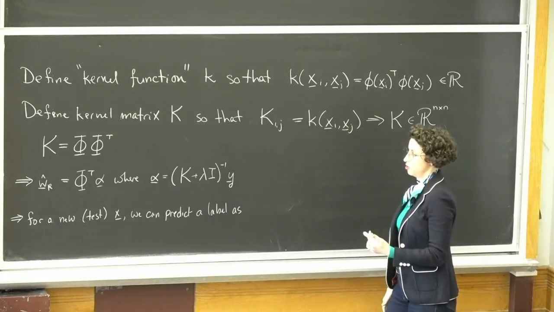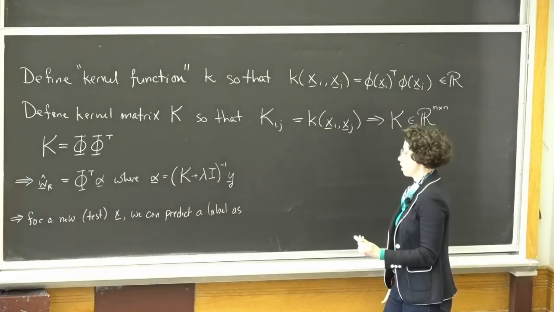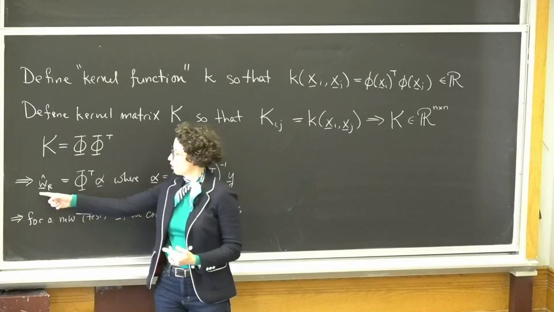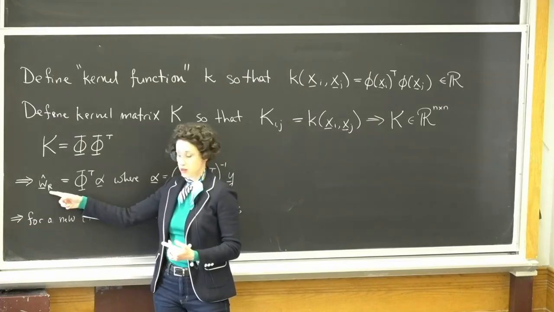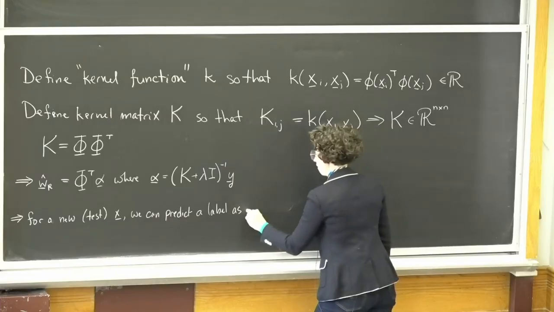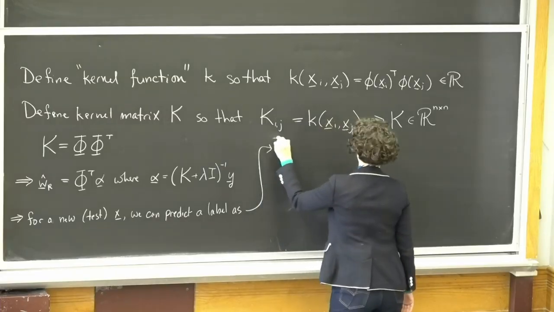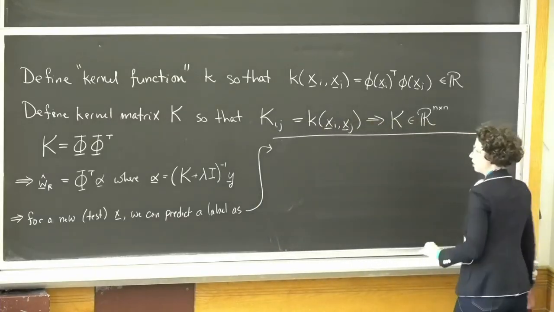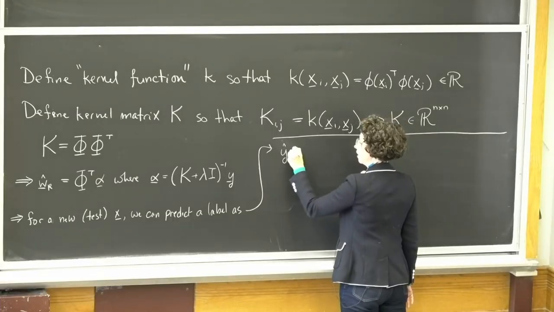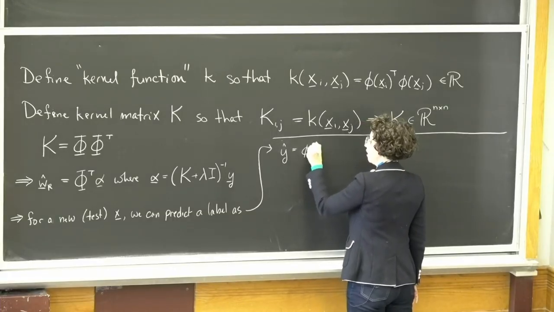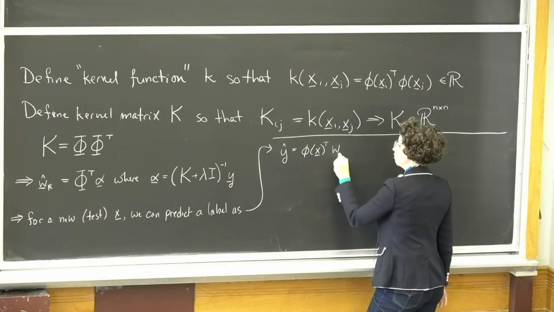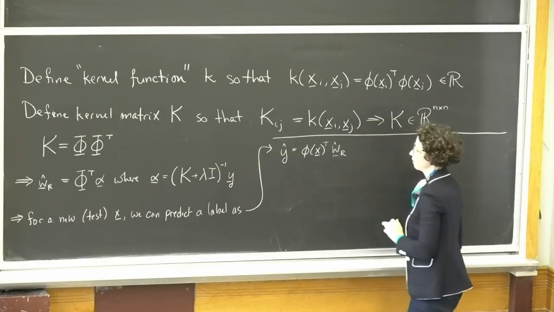So if we think about, in general, what we'd like to do, we are going to take this ridge regression weight vector and compute its inner product with phi of x. So let me just give myself a little bit of space here. I'm going to say that what we want is that y hat is phi of my new feature vector x transpose times w hat r.